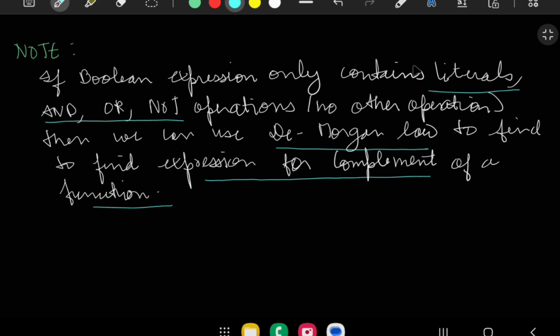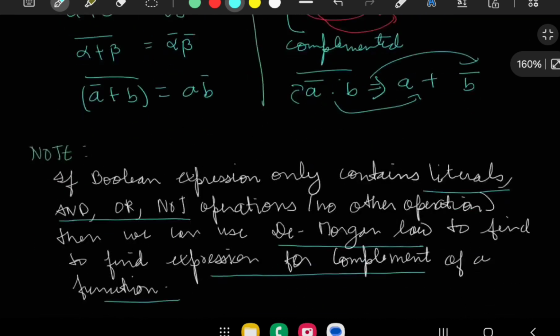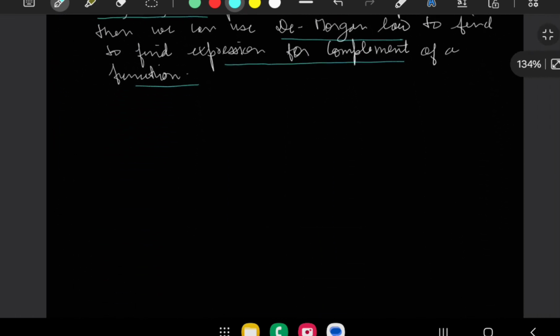Now what we do is that, for example, here you can notice the same idea. What will happen? For example, if I have a bar plus b, this is your f of a comma b.